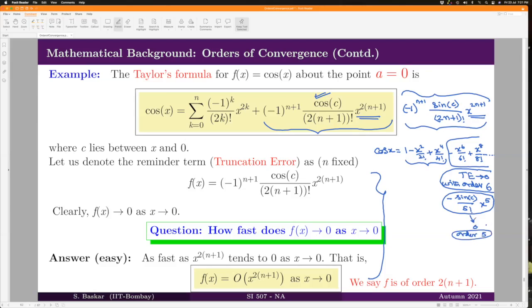See, one order less is what is suggested by the Taylor's theorem, whereas in reality, our truncation error is going to 0 a bit faster than what is suggested by the Taylor's theorem. That is why we prefer to take this form of the truncation error or the remainder term.